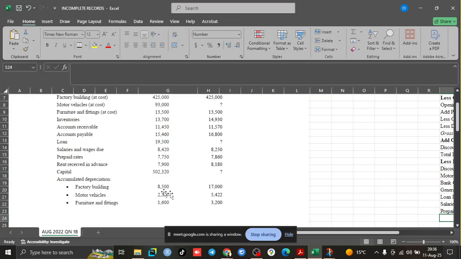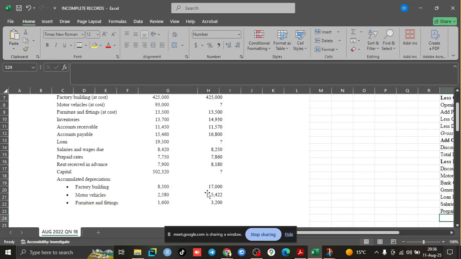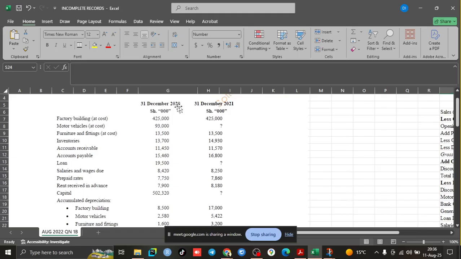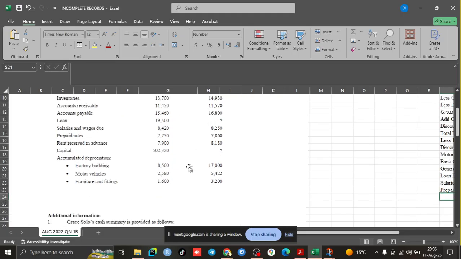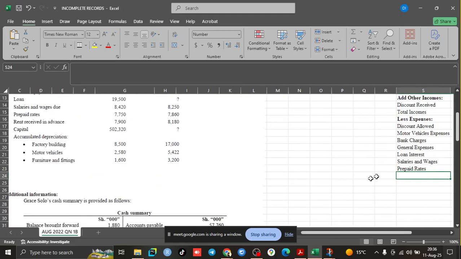Ukiangalia keenly, accumulated depreciation ya factory building 2020 tulianza na 85, 2021 ikaenda 17. Si itamaanisha the depreciation that has moved from 2020 to 2021 is the depreciation for the year because imeongezeka. So depreciation ya factory building, we'll get it like this.